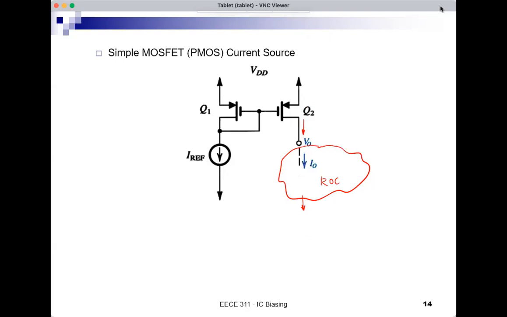So that's possible. Using P MOSFETs, I can build current sources that source current, and using N MOSFETs, I can build current sinks that sink current, and I can have both in the same circuit to source and sink current at the same time.